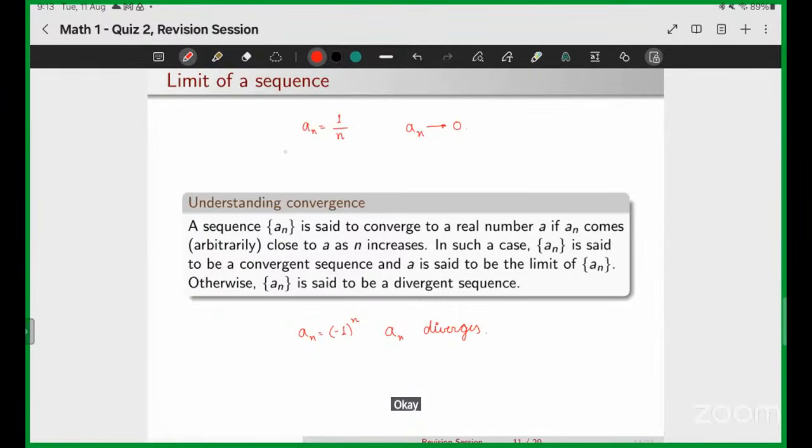Okay, let me write that. Can a convergent sequence have a divergent subsequence?